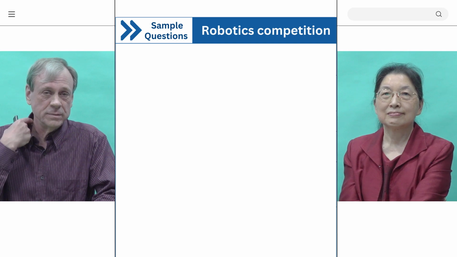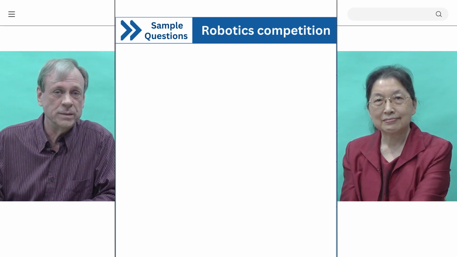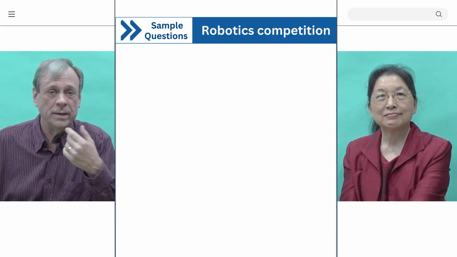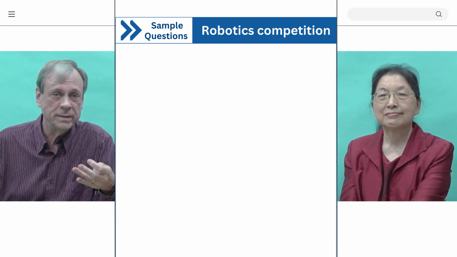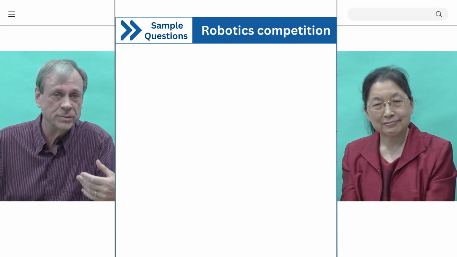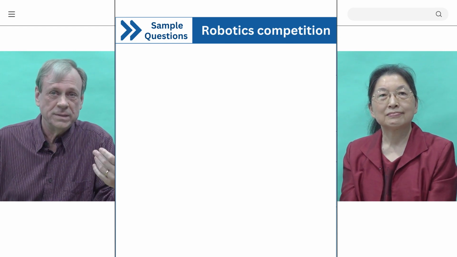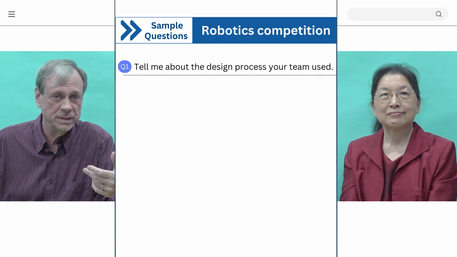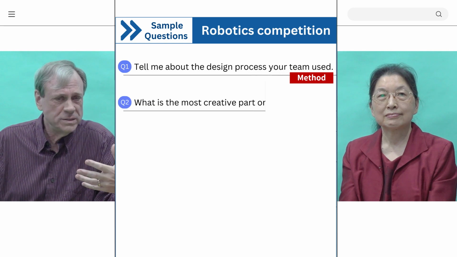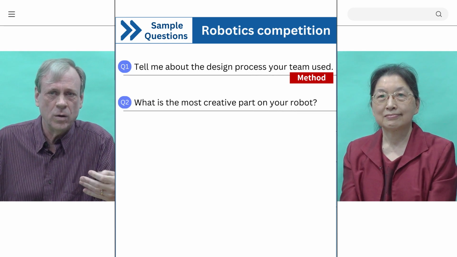So, for instance, we've been helping a group preparing for a robotics competition. And on that competition website, it listed a number of questions that the judges might ask you to answer. For instance, tell me about the design process your team used. That's basically the methods. What's the most creative part of your robot?